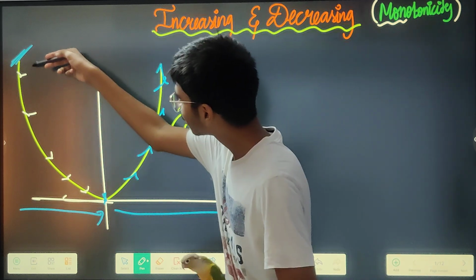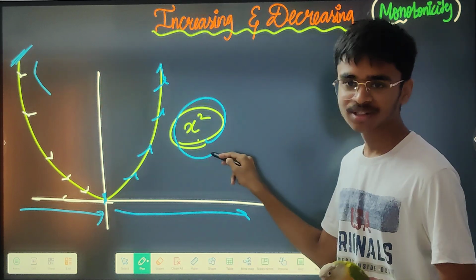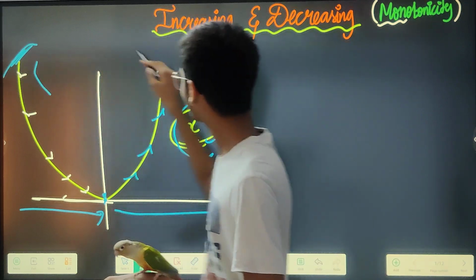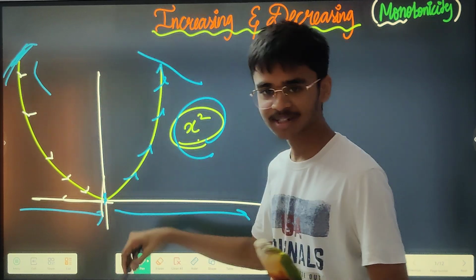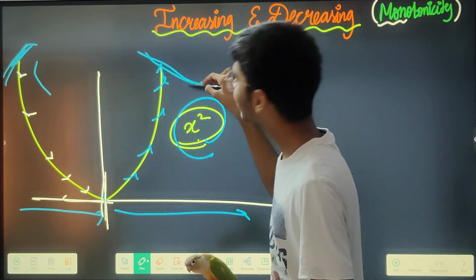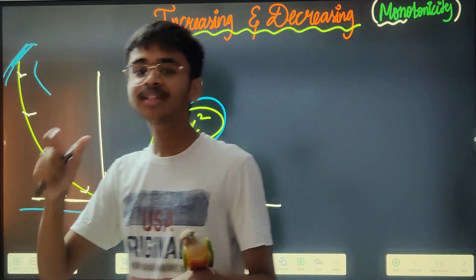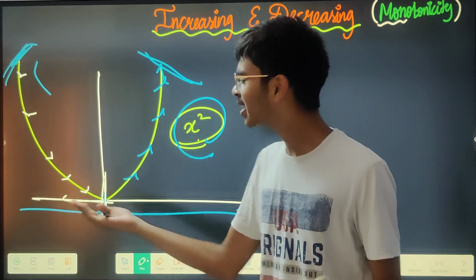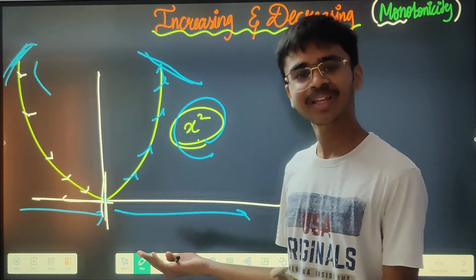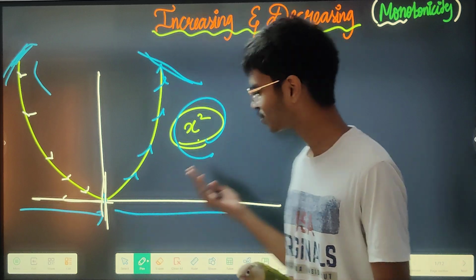So this function, x square, is neither increasing nor decreasing over the whole domain. But from here to here it is decreasing, and from here to here it is increasing. So increasing and decreasing is based on the domain of the function. This is a very basic thing, right? We can easily say whether it is increasing or decreasing.